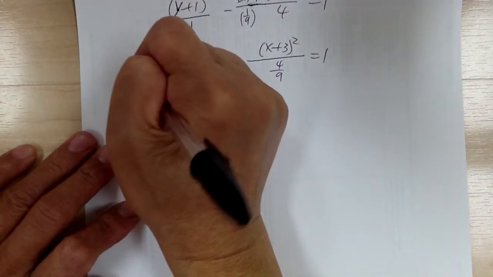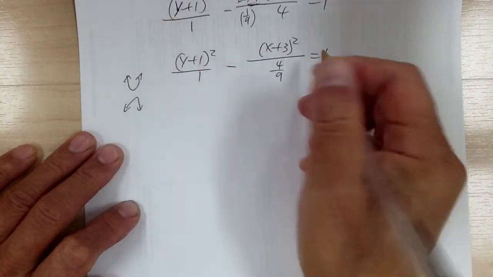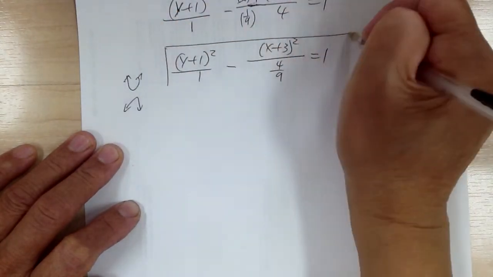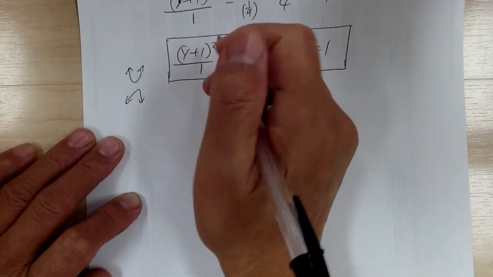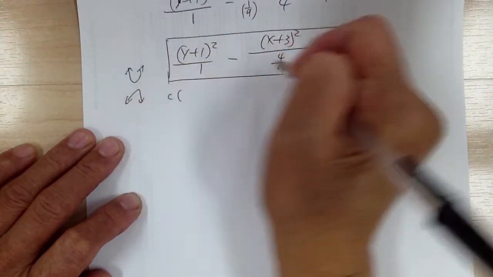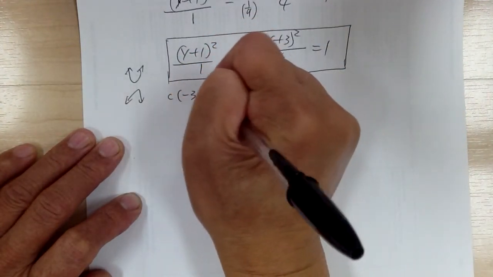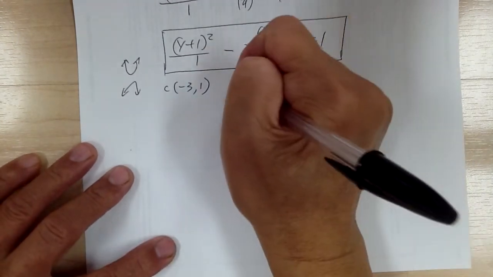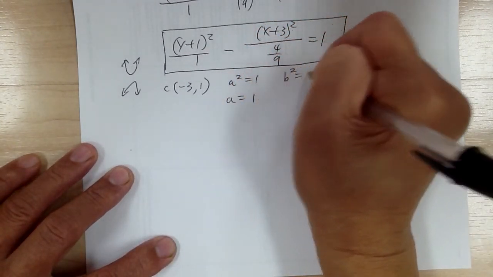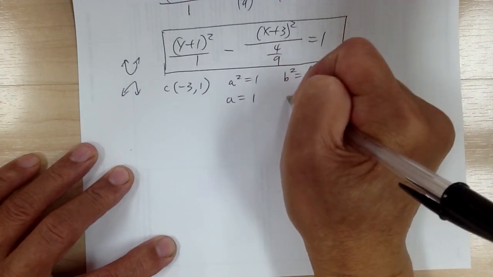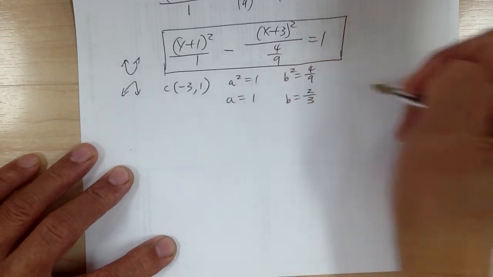So this will be in the y direction. Get your direction. And so this is your standard form equation. And your center is going to be at negative 3 comma 1. Okay, and your a squared equal to 1, so a equal to 1. B squared equal to 4 over 9, so b equal to 2 over 3.